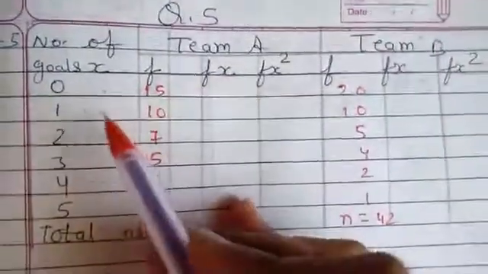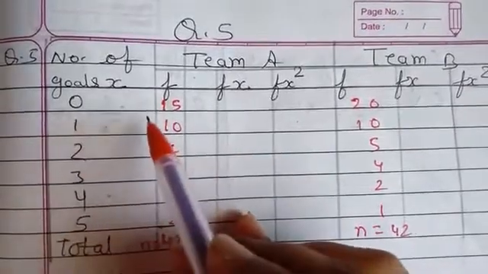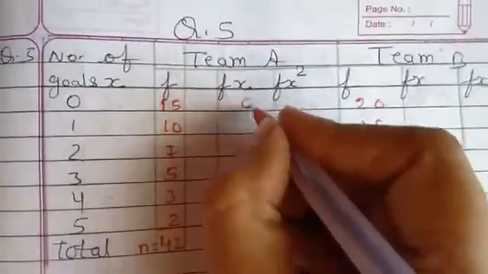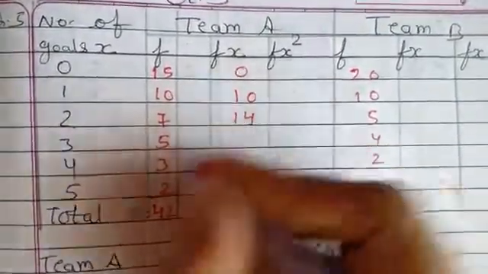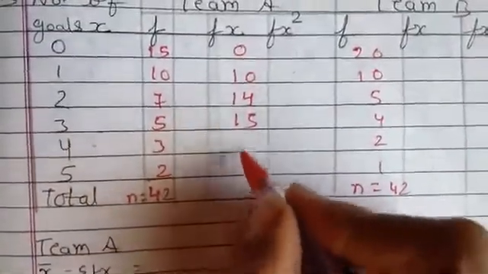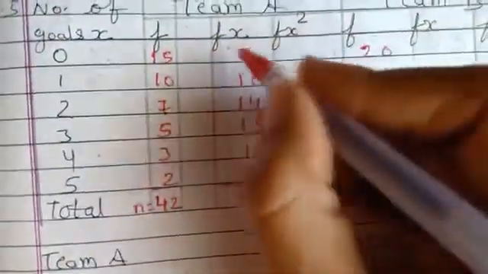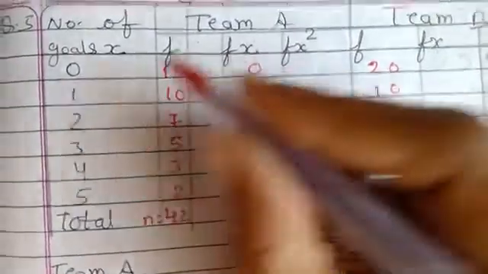Now for team A, first of all we'll find out fx, that is x multiplied by f. So 0 multiplied by 15, 0, 1 multiplied by 10, 10, 2 multiplied by 7, 14, 3 multiplied by 5, 15, 4 multiplied by 3, 12, and 5 multiplied by 2, 10. Fx square, that is fx multiplied by x.